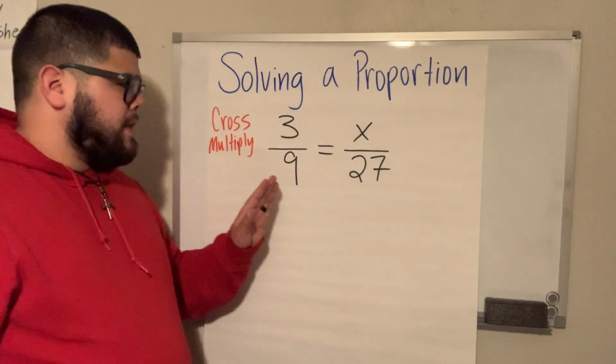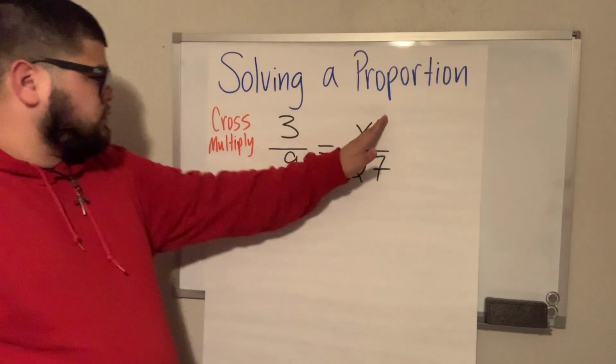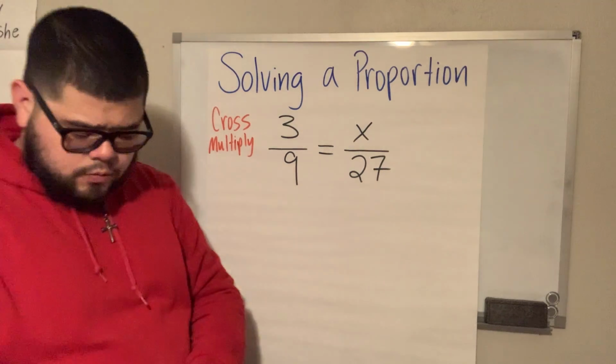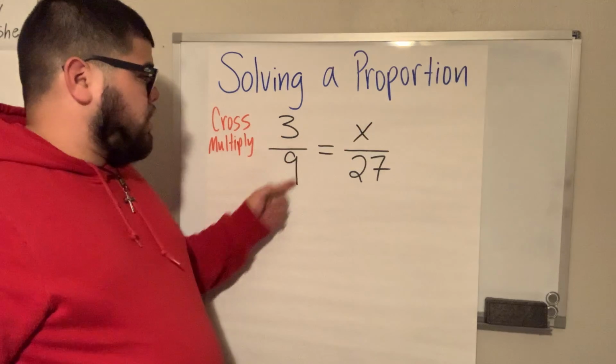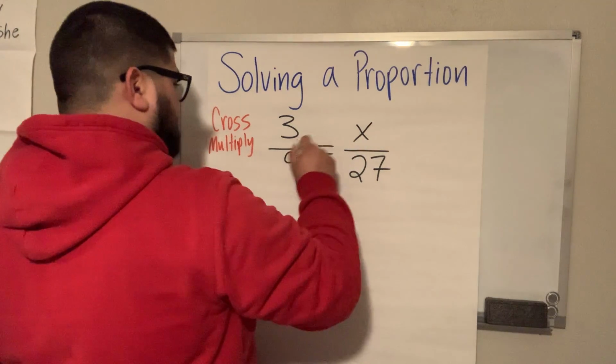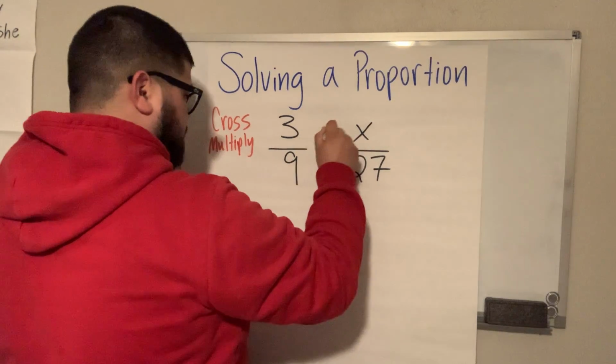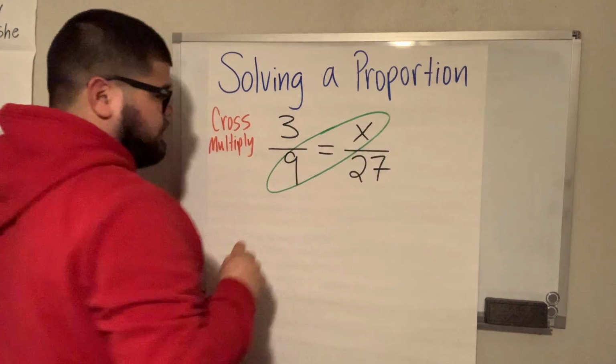Cross multiply, meaning we cross and multiply. So we're going to do the variable first. We do the 9 times x. That's cross multiplying. That's why I said times.